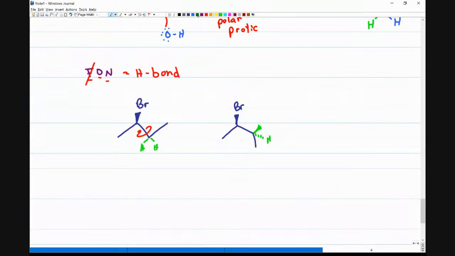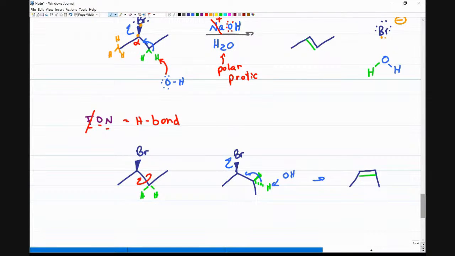In this case, if I have the OH minus come in, grab the hydrogen, collapse the electrons, kick out bromine, my product is going to look a bit different, even though I grabbed the hydrogen off the same exact carbon. Look at that. For the first one, I gave you a trans alkene for the product. For the second one, I gave you a cis alkene for the product.